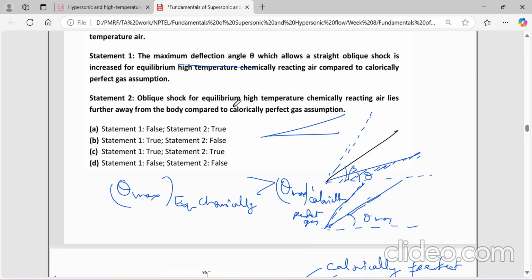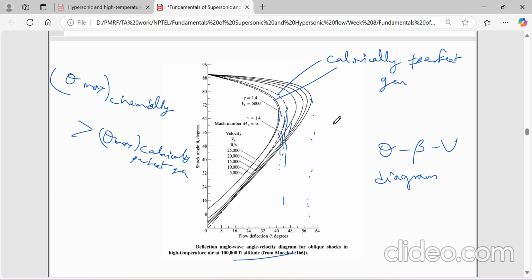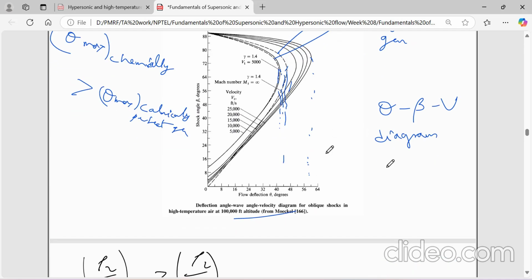One more thing, the oblique shock for equilibrium high temperature chemically reacting gas lies further away from the body compared to calorically perfect gas assumption. It is not clear in this one, so I will draw one more figure. This is beta, this is theta. If this is for calorically perfect gas, then this curve is something like this.